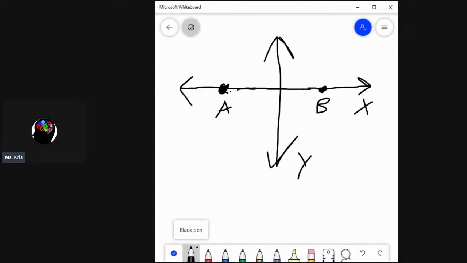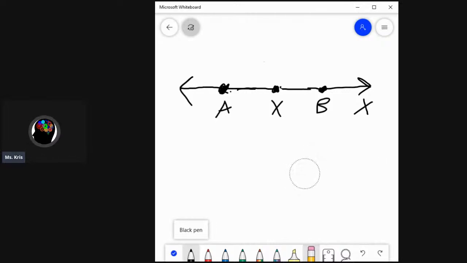So when you're dealing with these type of lines, you will see points on these lines. And typically, if you see 3 or more points like A, X, and B, those are considered collinear.